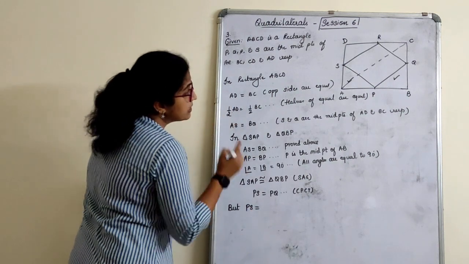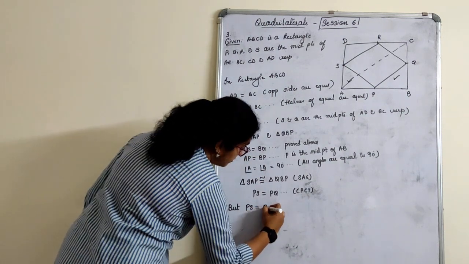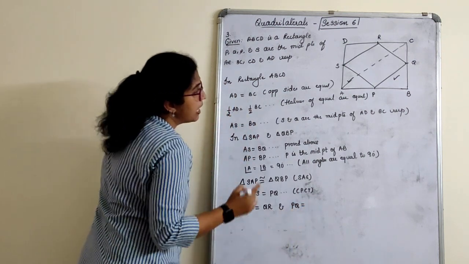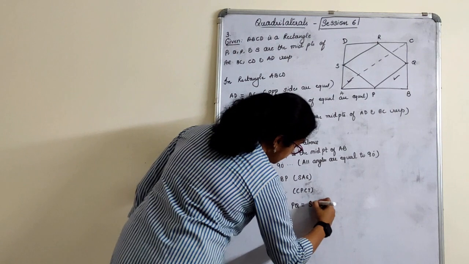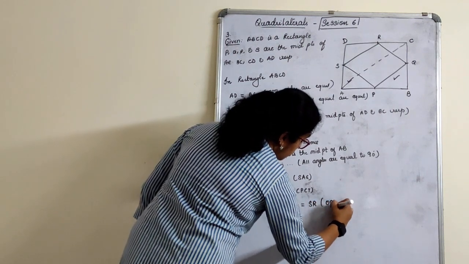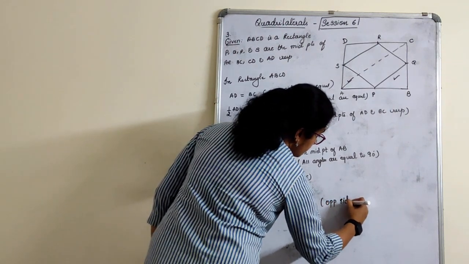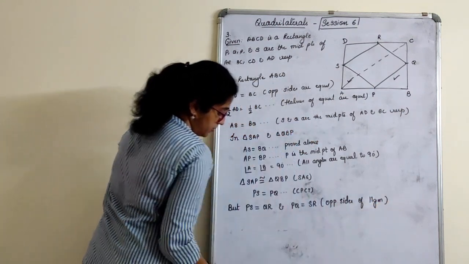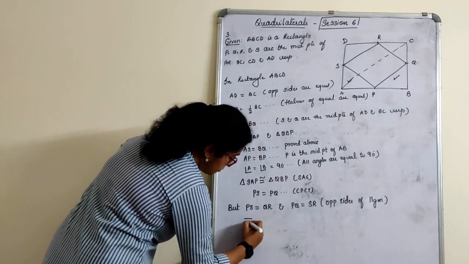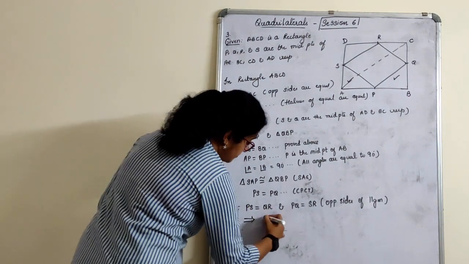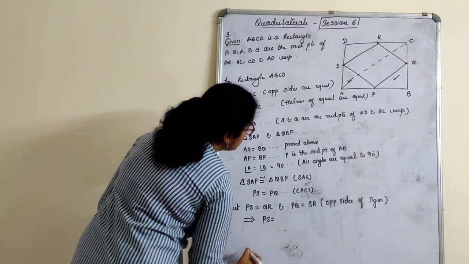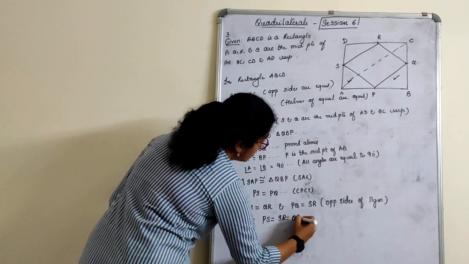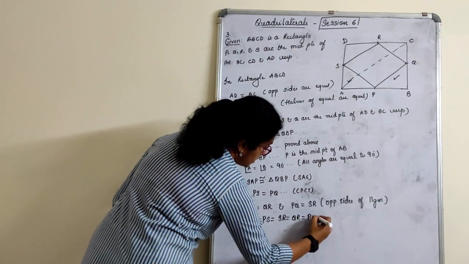But PS is actually equal to QR and PQ is actually equal to SR. Reason: opposite sides of a parallelogram. This implies PS is equal to SR is equal to QR is equal to PQ.